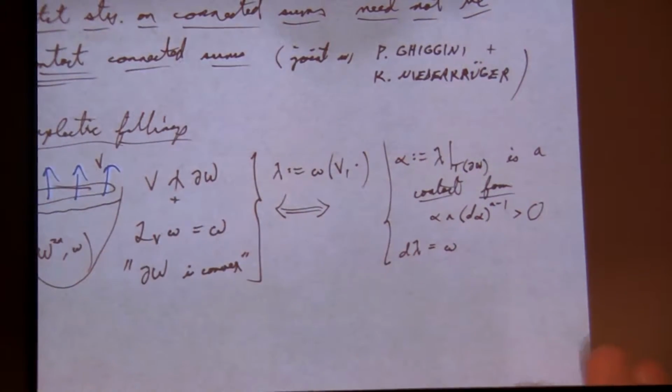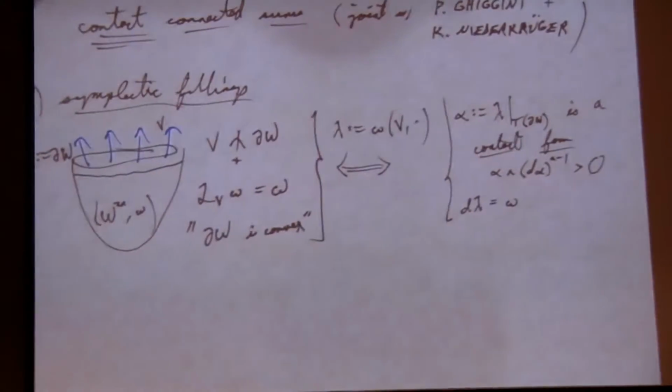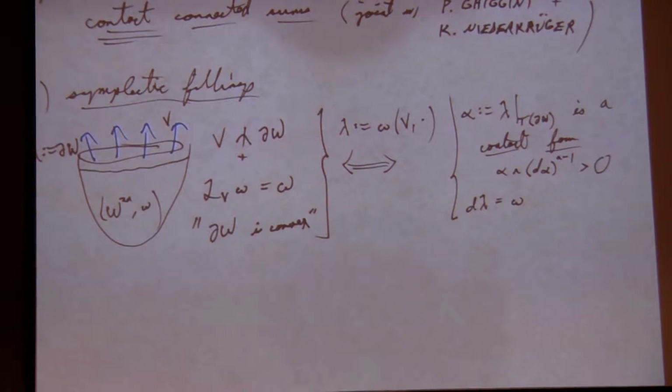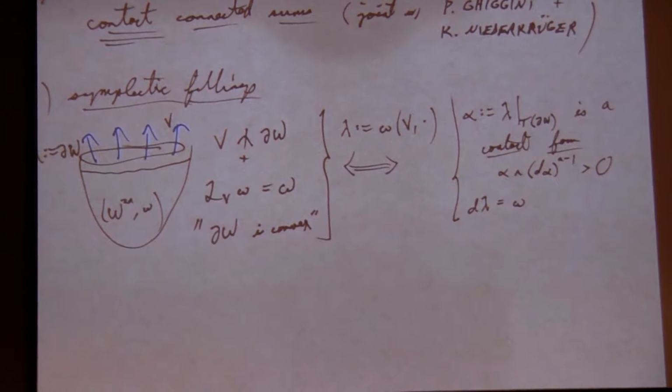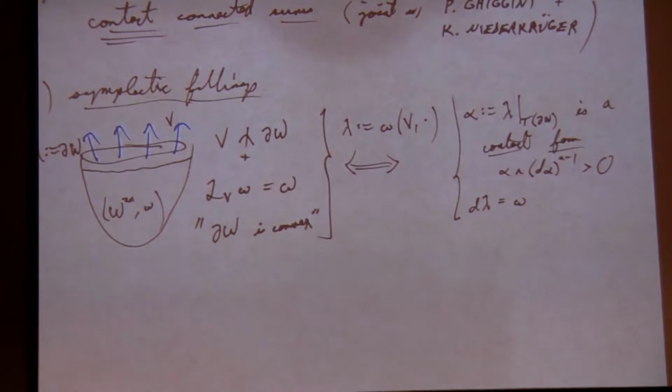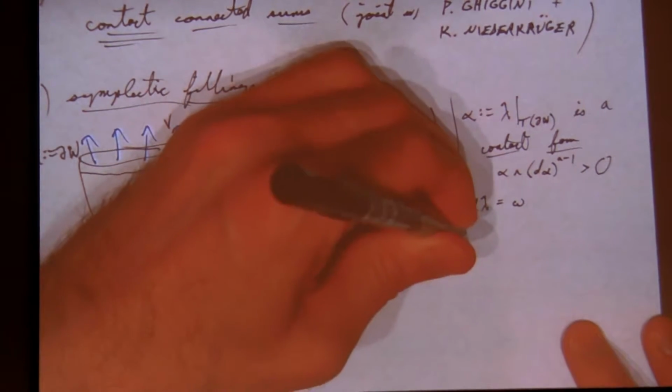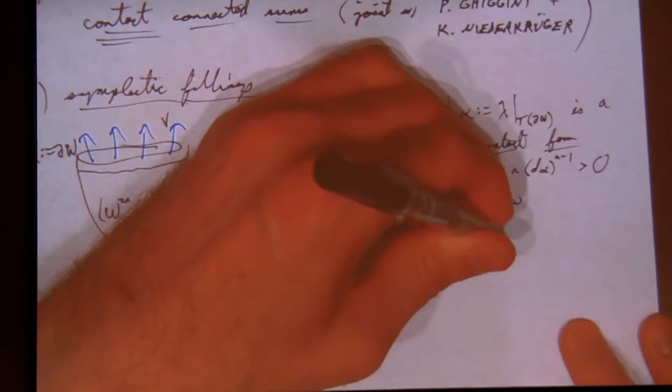So omega is exact near the boundary. I don't have to assume that omega is everywhere exact, because I'm only assuming that this vector field exists near the boundary. So the induced contact structure, of course, is the kernel of alpha.